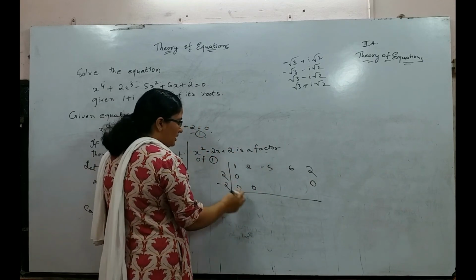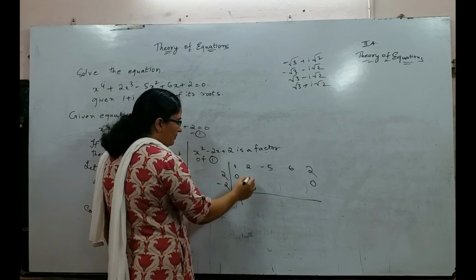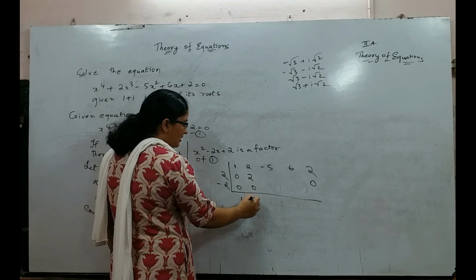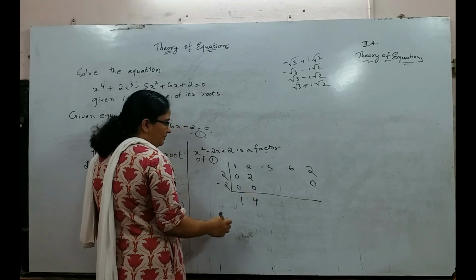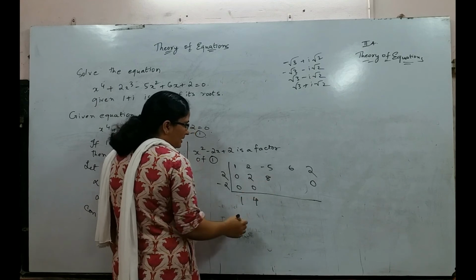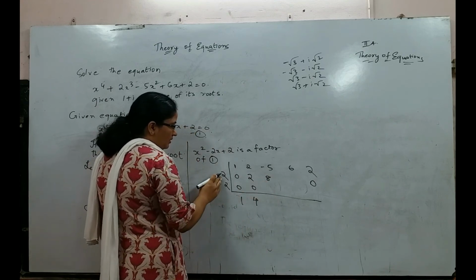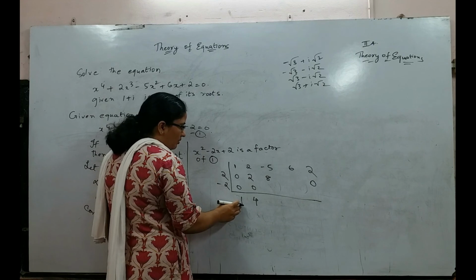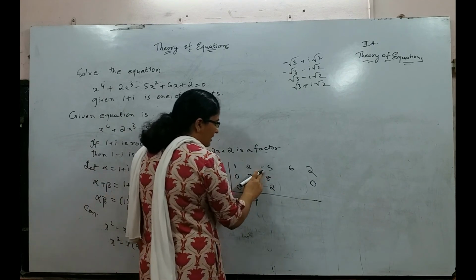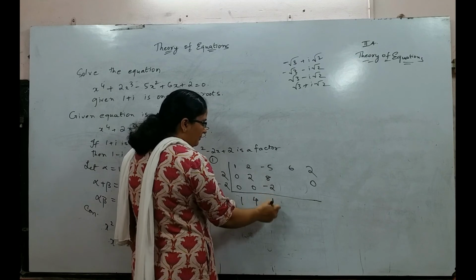1 plus 0 plus 0, 1. 2 into 1, 2. 2 plus 2, 4. 2 into 4, 8. Right, minus 2 into 1, minus 2. 8 minus 5, 3. 3 minus 2, 1.